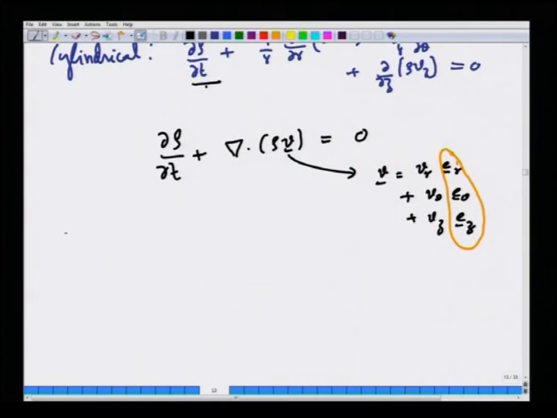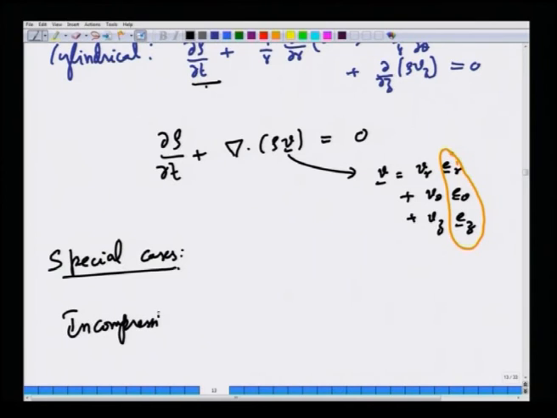Let us also simplify the continuity equation even further. Let us consider some special cases. For an incompressible flow, an incompressible flow is defined as a flow in which the density remains a constant, it is independent of pressure.